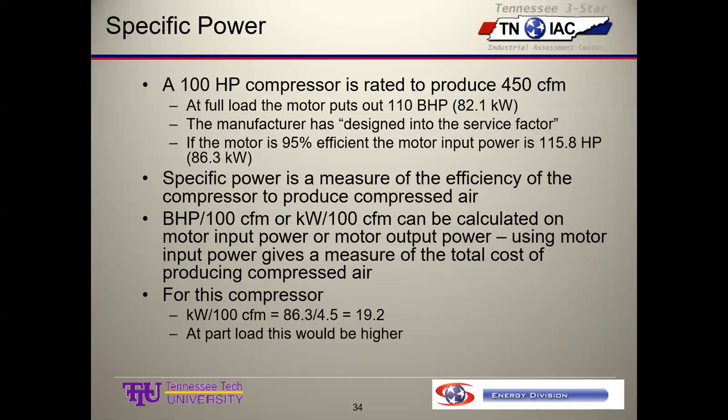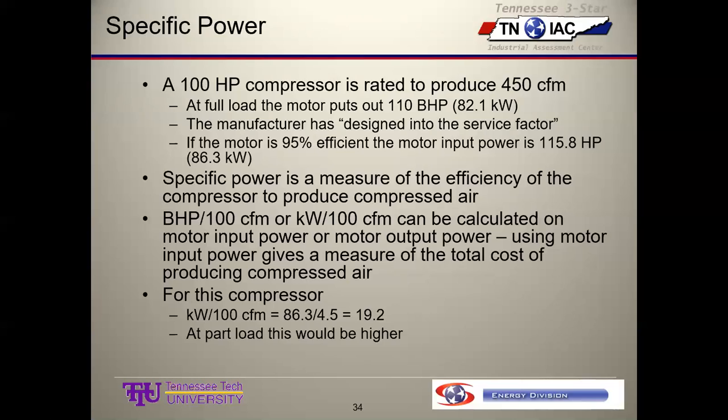So then to get the motor input power, you'd have to divide that by the motor efficiency. So we say the manufacturer has designed in the service factor. If the motor is 95% efficient, then the motor input power, not shaft power, is 115.8 horsepower, which is 86.3 kW at full load.